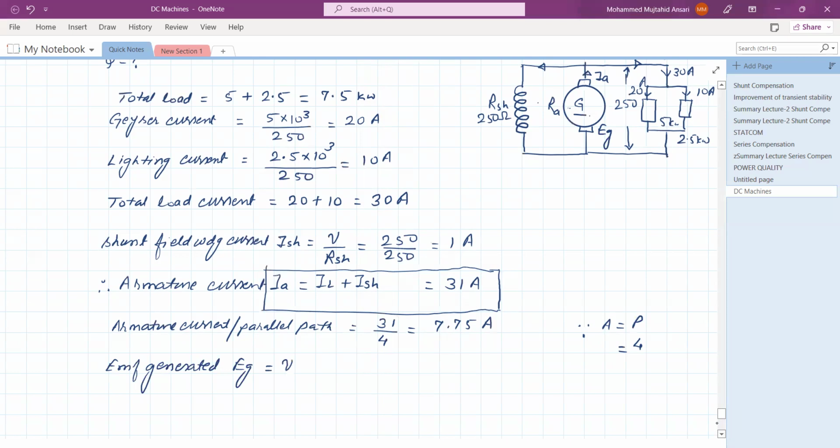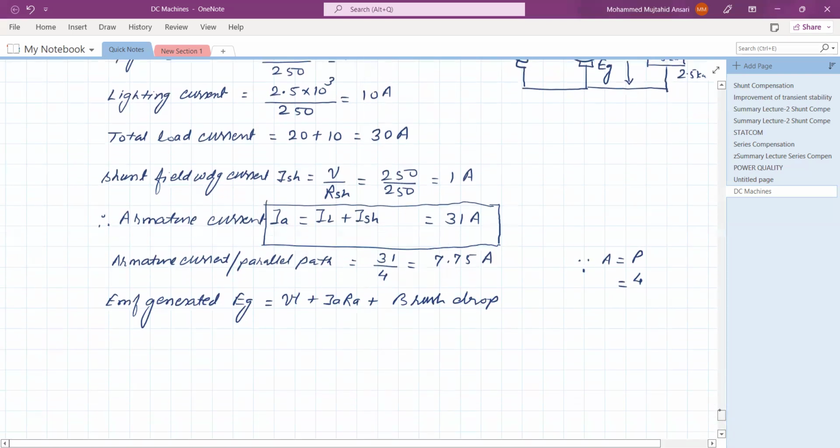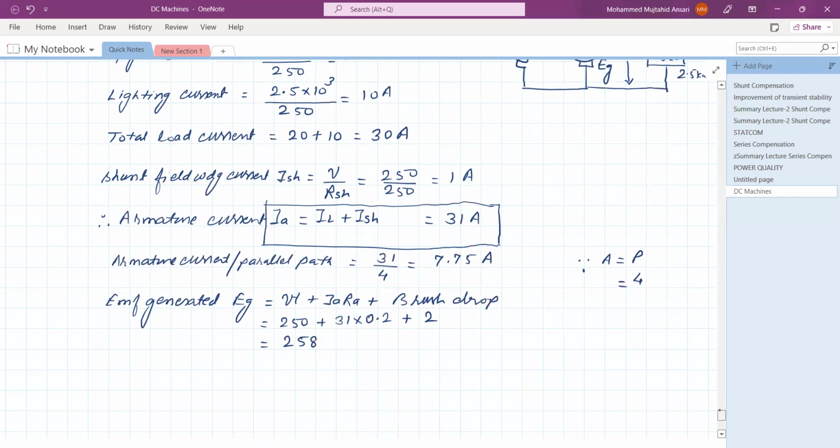So we can write VT plus IARA plus brush drop. This equation or this concept was already discussed. So it is equal to 250 volt plus 31 into armature resistance, which is given as 0.2, plus voltage drop of 2 volt. So it is equal to 258.2 volt.